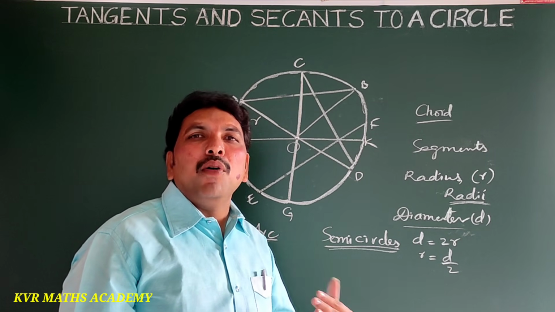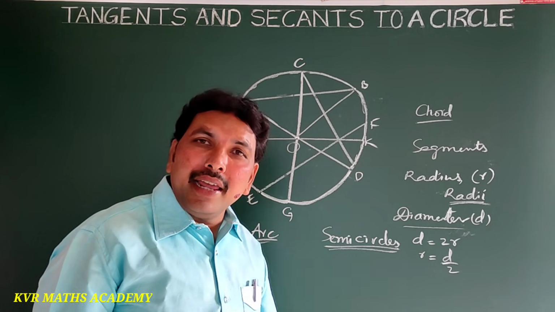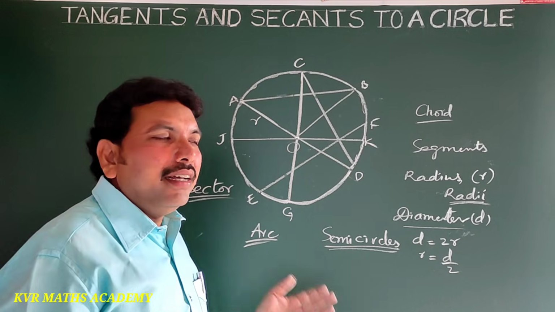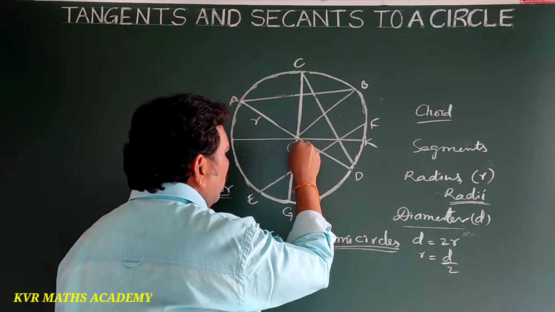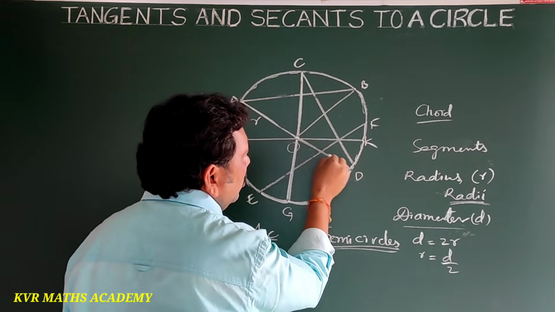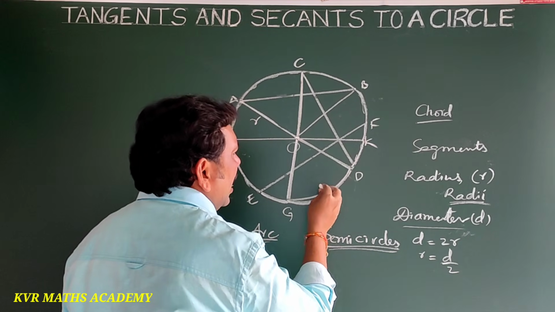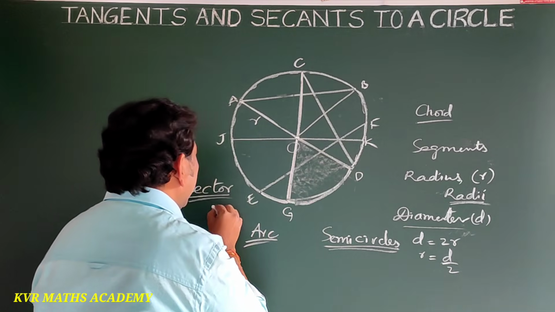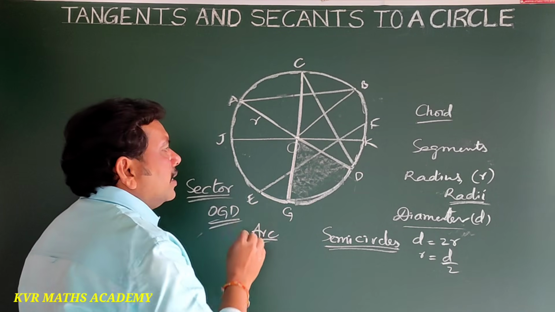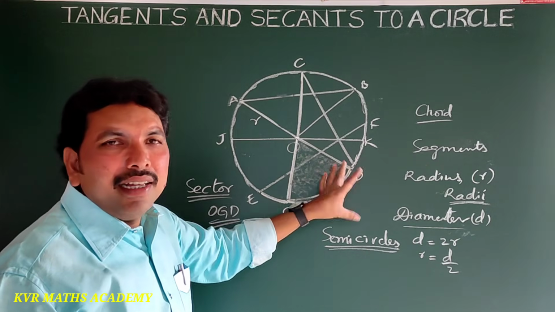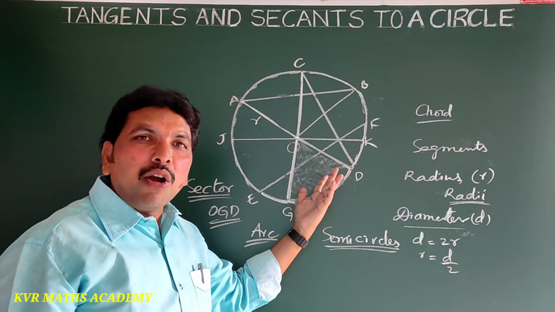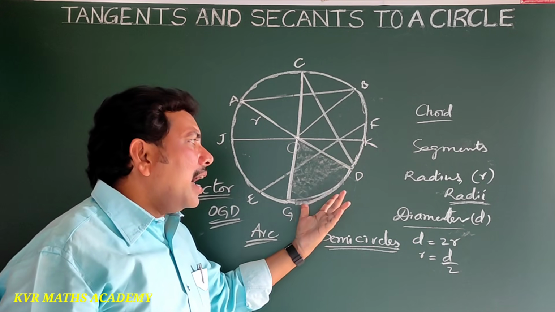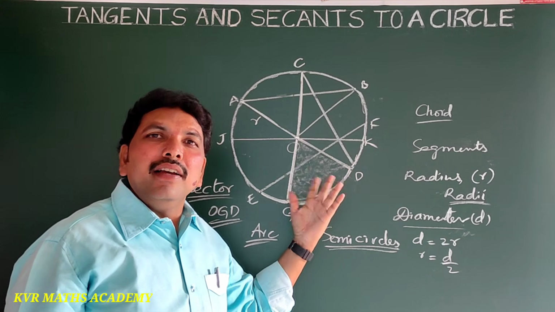The area occupied by 2 radii and 1 length of the arc is called a sector. Understood?